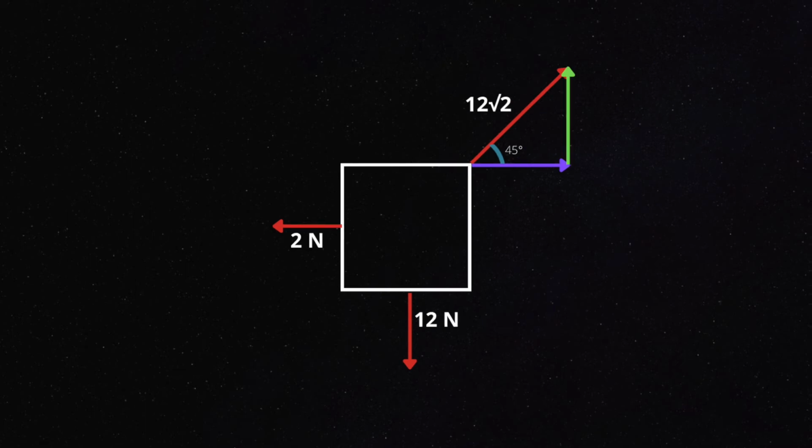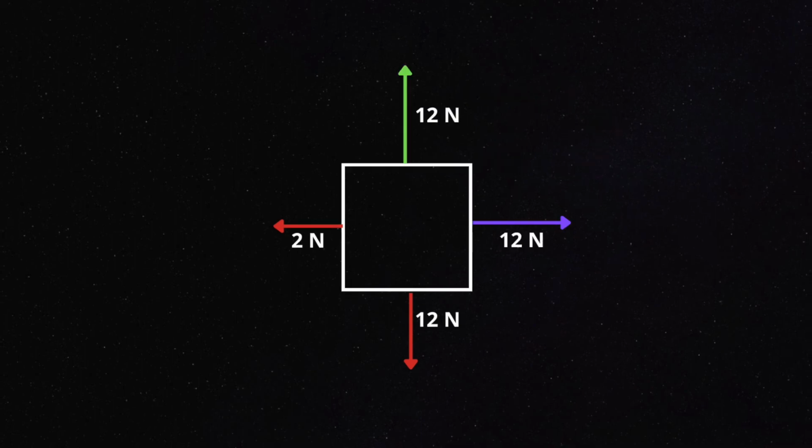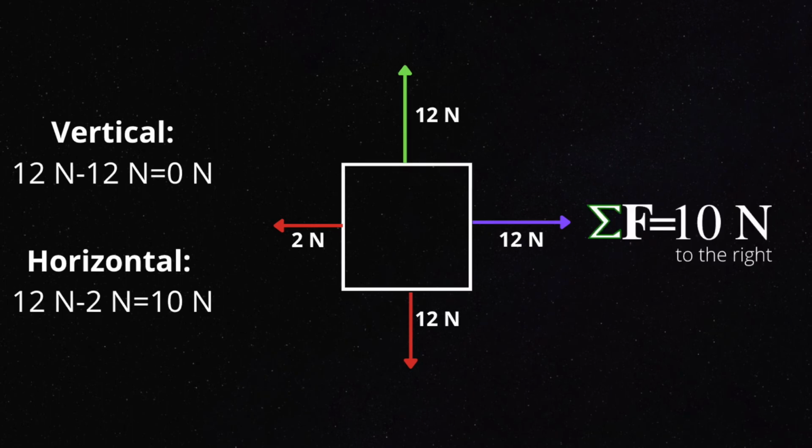Then draw a vertical line from the tip of the horizontal arrow to the tip of the diagonal arrow. Using trigonometry, we can find out the magnitude of the horizontal and vertical components and analyze them separately. By continuing our calculations, we can see that the new net force is 10 newtons.